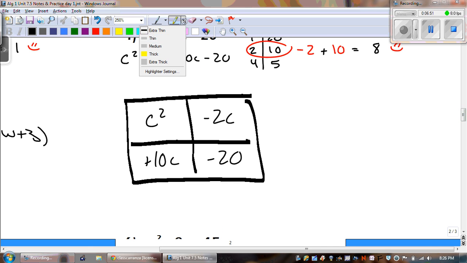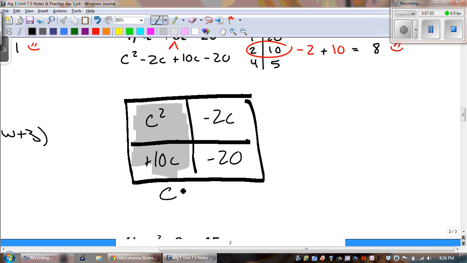So when we're doing the box method, we go top to bottom, and we take out the GCF. C squared and 10c, the most I can take out is a c. Now what about negative 2c and negative 20? Well, if we can take out a negative, we always want to take out a negative. And then the biggest we can take out is negative 2. Now let's go through left to right.